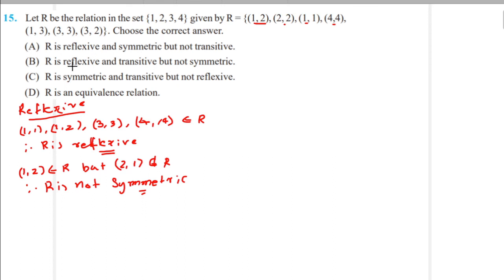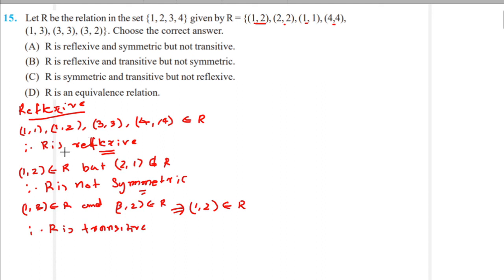Next, is R transitive? You can take any numbers. Take (1,3) belongs to R and (3,2) belongs to R. This implies (1,2). Check (1,2): yes, (1,2) belongs to R. Therefore R is transitive.